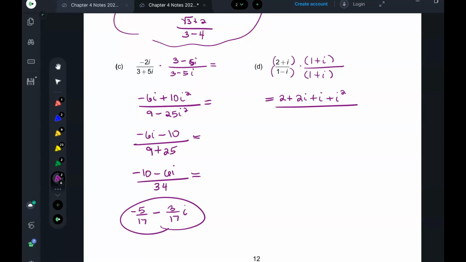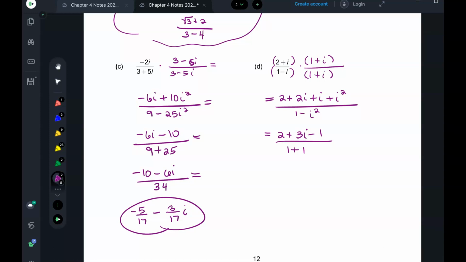And how about the bottom? You just get 1 minus i squared. Okay, so all the i squareds get replaced with negative 1.